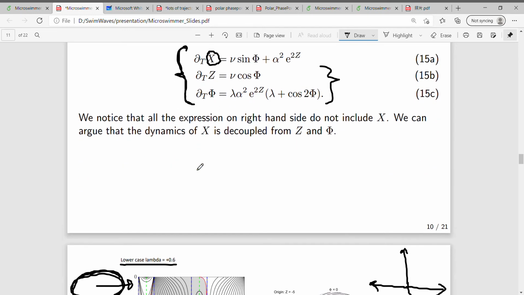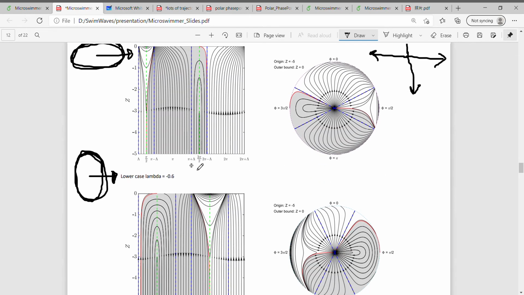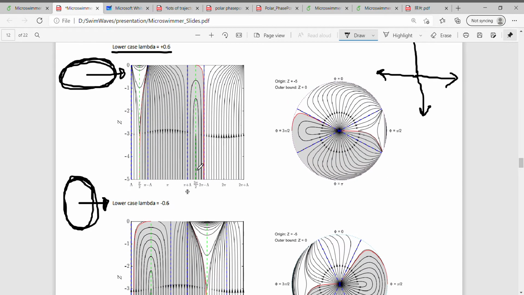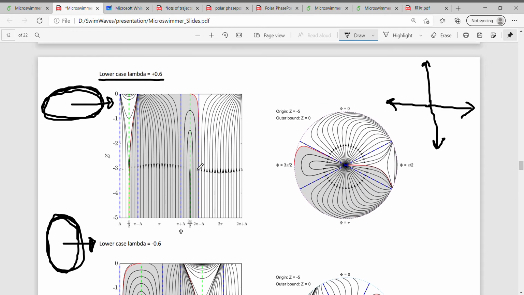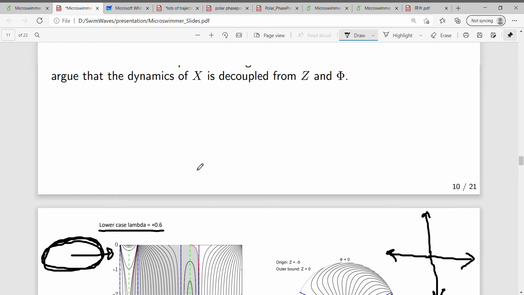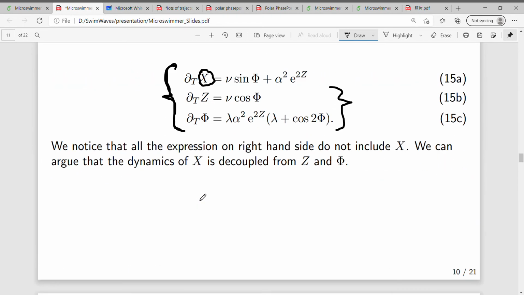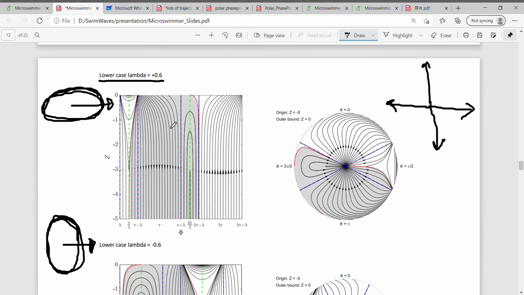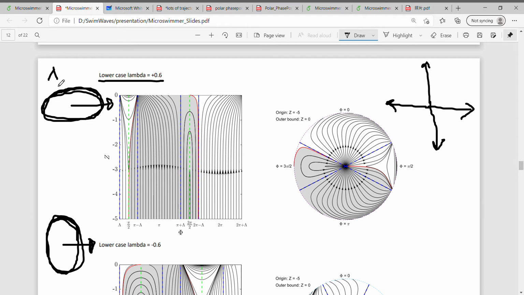Okay, so here are two phase portraits for this decoupled system, z-phi plane. Okay, so for this graph we use lowercase lambda equals positive 0.6, so it's of aspect ratio of 2, and this field looks like a football moving in this direction.